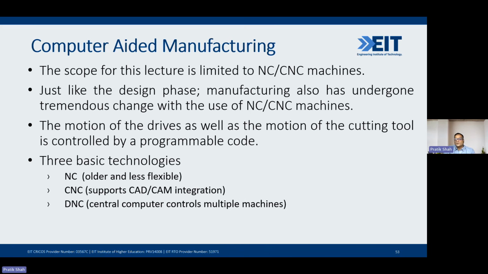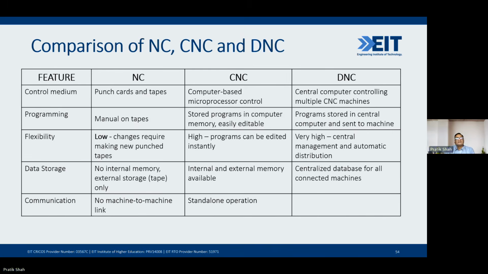NC did not have a computer, though it had a processor. There was no computer integrated with the machines, and hence it had many limitations. Whereas DNC is direct numerical control, where you have one computer controlling multiple CNC machines. These are the basic comparative features of NC, CNC, and DNC.